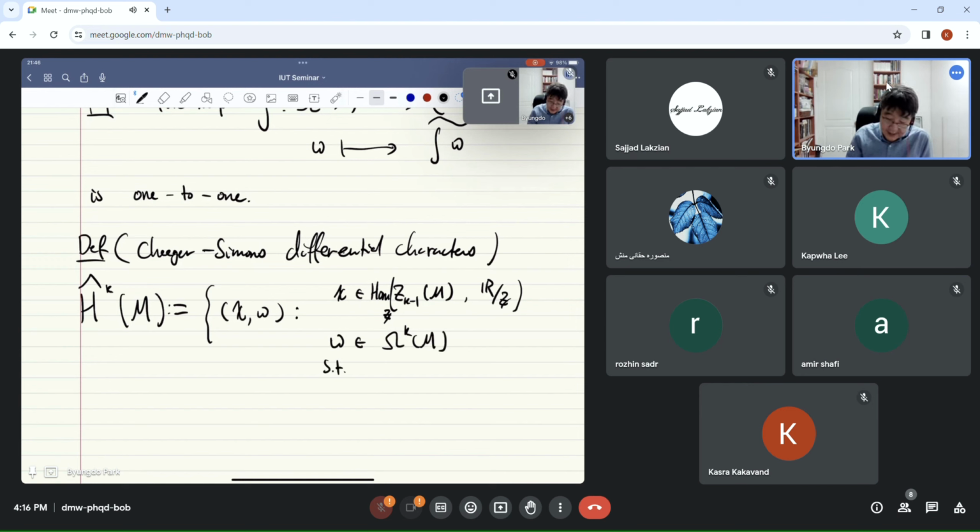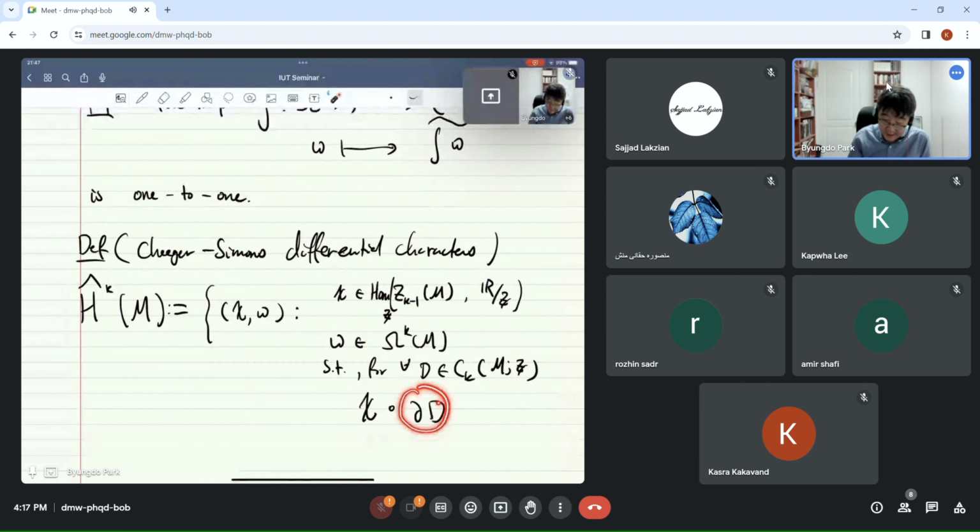Such that this chi and omega should satisfy the following. For every k chain d in the degree k integral chain group, I first take the chain, then take the boundary, and then take chi.